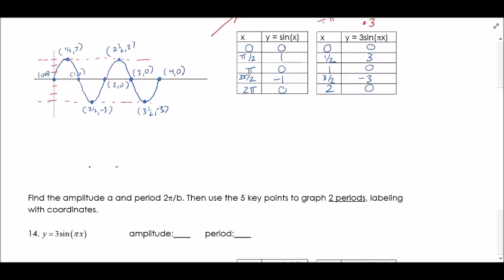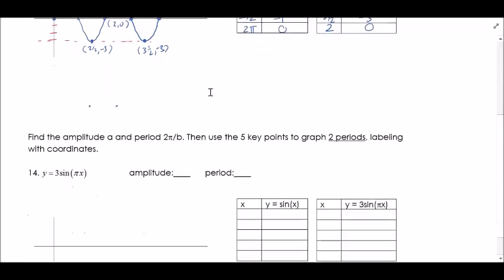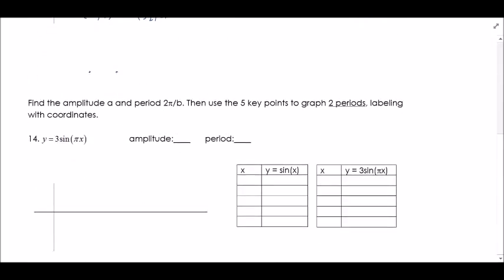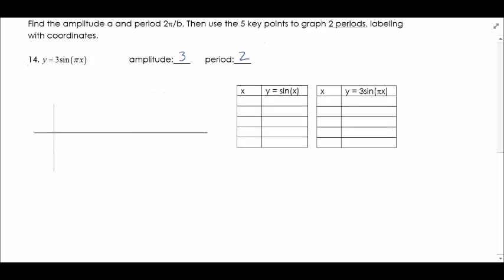Now what I'll do is I will repeat the same process, but I'm going to use averaging to find the values in my table instead of what I did before. So I'm going to recycle the amplitude and period from what I had earlier, and using the averaging method, I am not going to use that initial table.